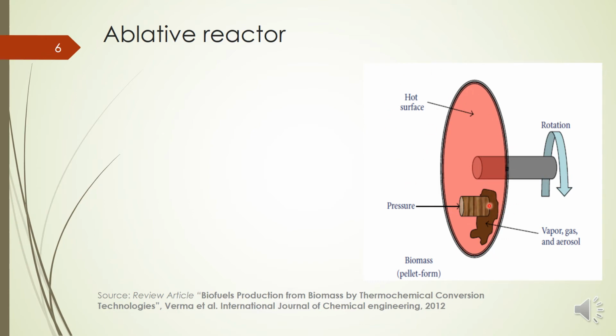We have a rotating disc rotating at a particular speed, and that disc will be at a high temperature with the help of some external source, whether electric or some gas, etc. And we will place the biomass here, and some pressure is applied. We can convert that into char and other products of pyrolysis.